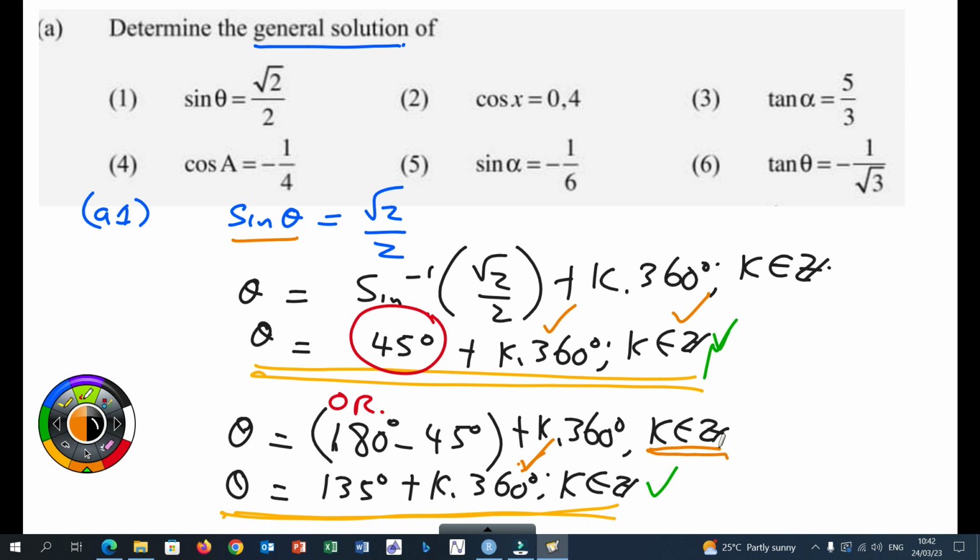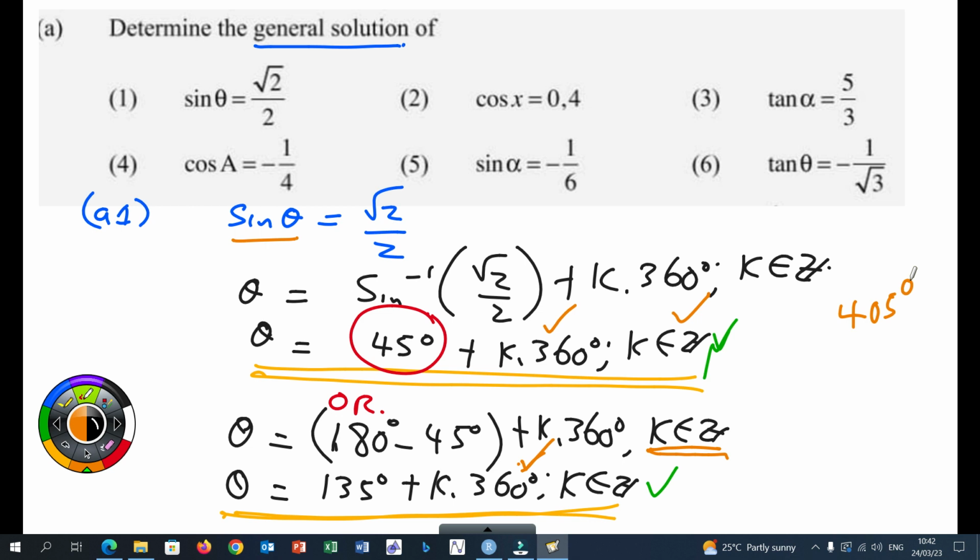So let's just test one, for example. I want to test one which is more than 360 degrees. So I'll just put k equal to 1 here. 1 times 360 will get me 360. 360 plus 45, I'll get 405 degrees.